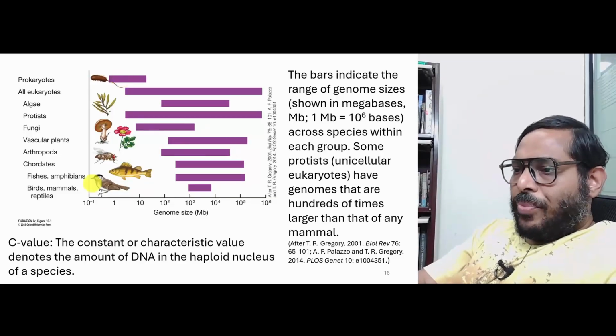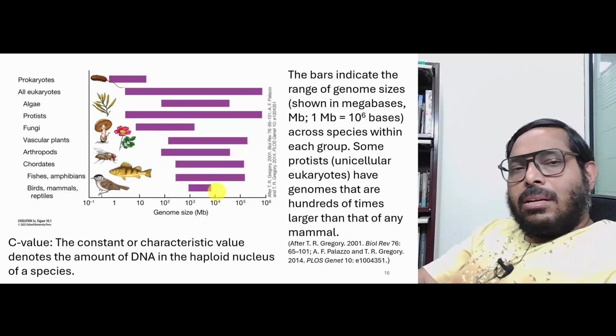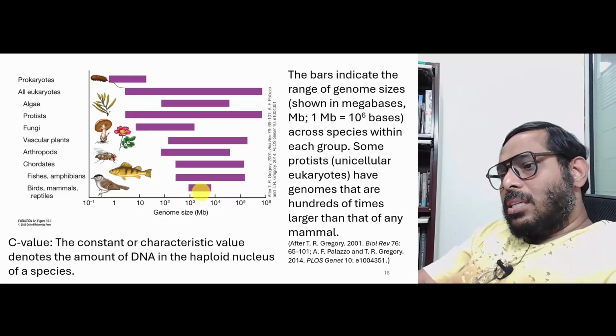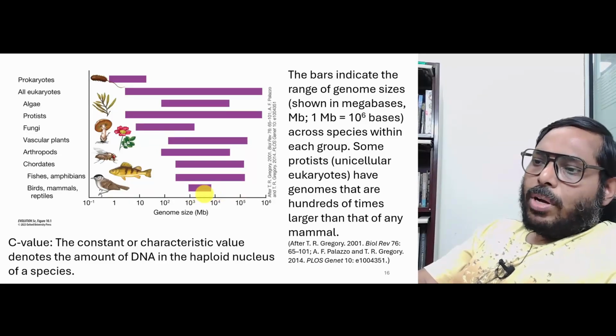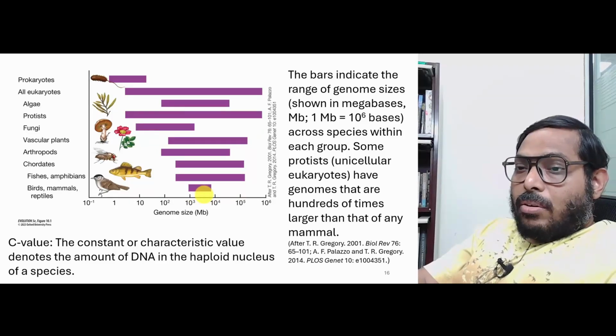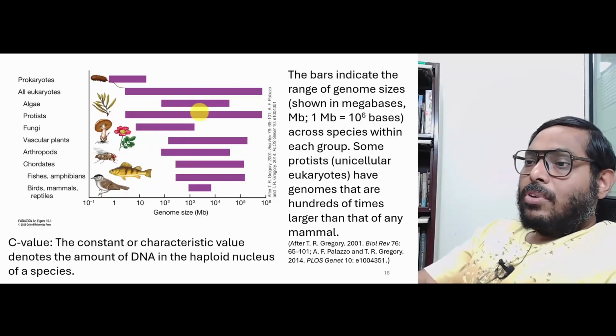For example, right at the bottom we have the birds, the mammals and reptiles, and you can see that the range in their genome size is about one order of magnitude, between 10 to the power 3 and 10 to the power 4. But now look at, for example, algae, or look at protists.